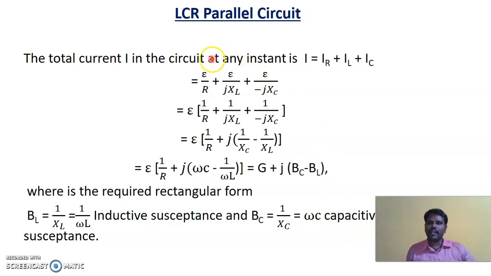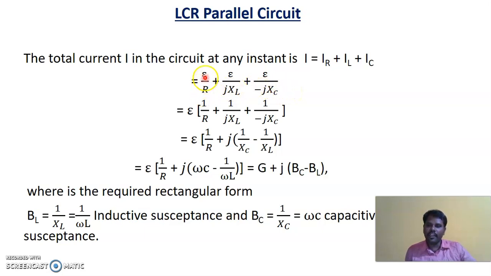Now the total current at any instant is the sum of the currents in resistance, inductance and capacitance. Therefore, I is equal to IR plus IL plus IC. Using Ohm's law, epsilon over R plus epsilon over j XL plus epsilon over minus j XC.